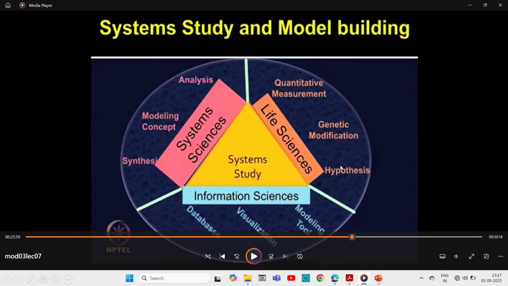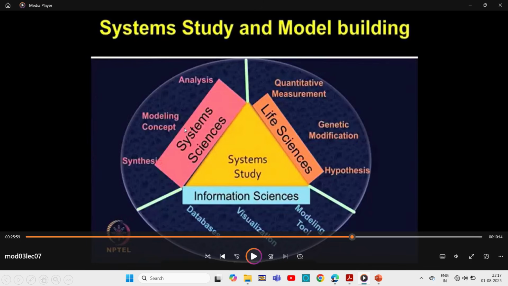Generally, we as researchers are in this section where we are doing different genetic modification, creating certain hypotheses, trying to prove that hypothesis, doing certain experiments. The people who have done bioinformatics are in this part of system biology where they take up the existing data, try and create models out of it, make certain conclusions using those data.